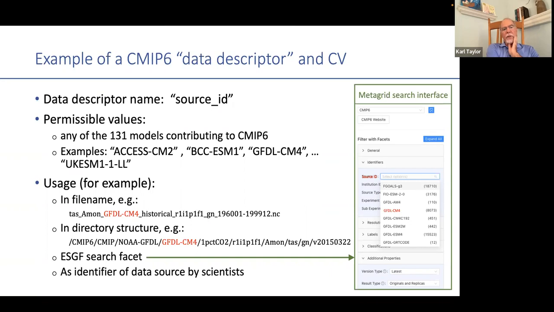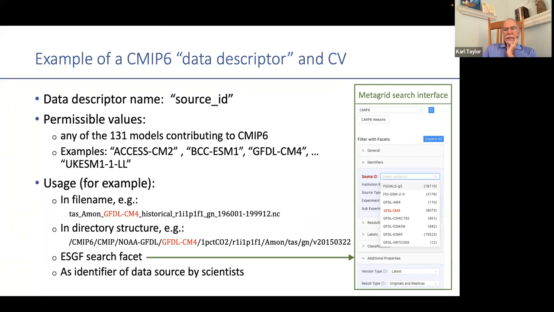And then they are used, for example, to uniquely identify files. They're used in directory structures. They're used as search facets. And of course, the scientists who analyze the data rely on this information to tell them what model produced the data they're using.